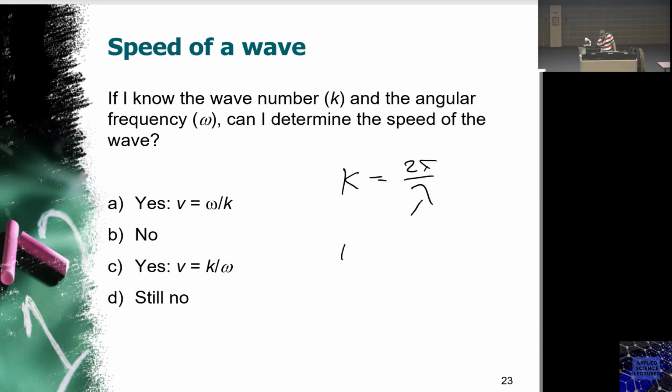And the angular frequency does have the period, right? Which is the time. So if I divide the angular frequency by the wave number, I can get the wave velocity. So yes, indeed, I can calculate the wave velocity by dividing the angular frequency by the wave number.